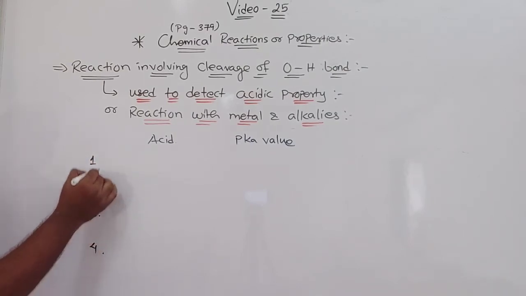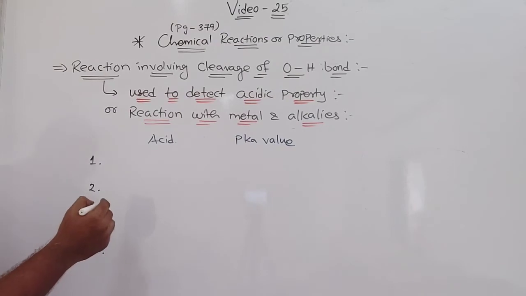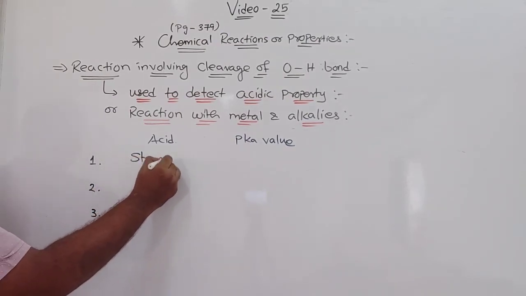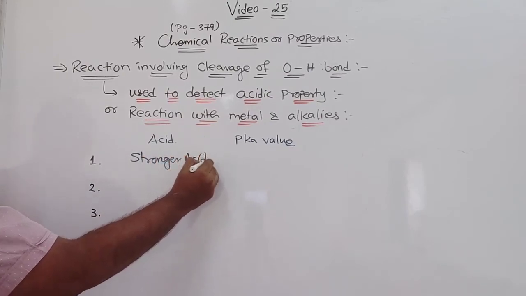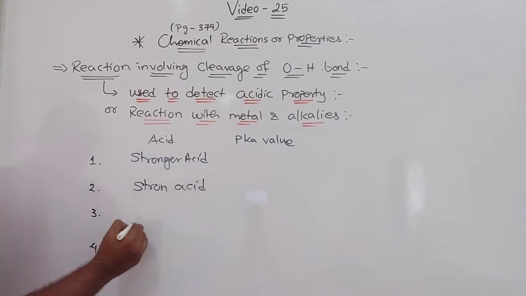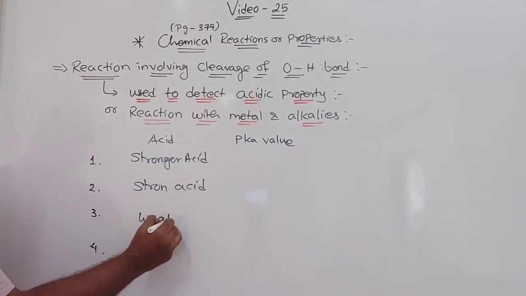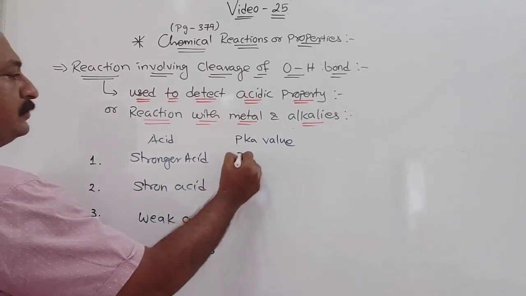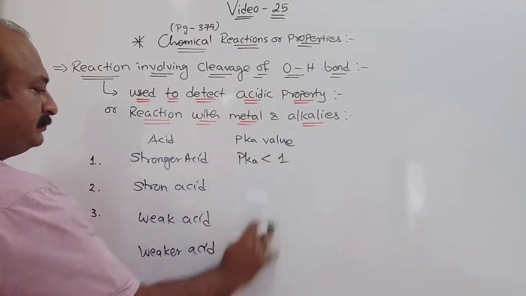You can see, if we bifurcate like this: stronger acid, strong acid, then weak acid and weaker acid, right? Stronger acid means pKa value less than 1.